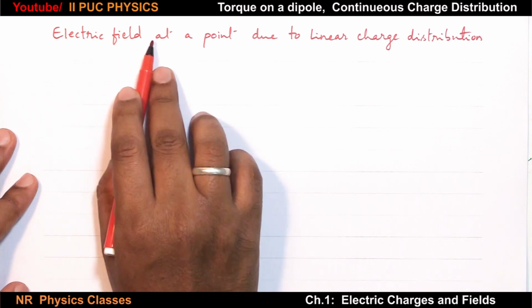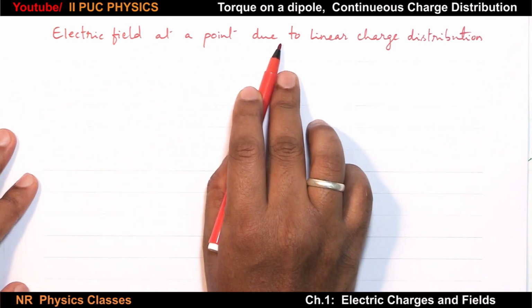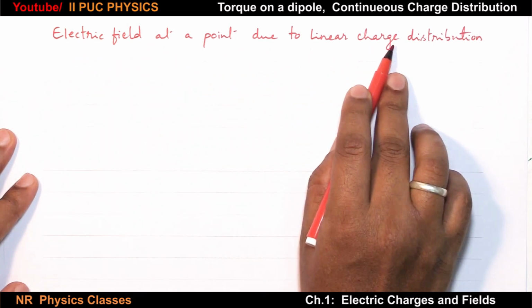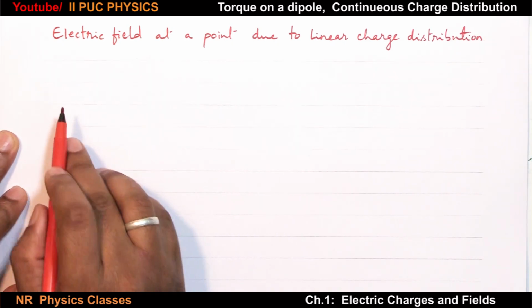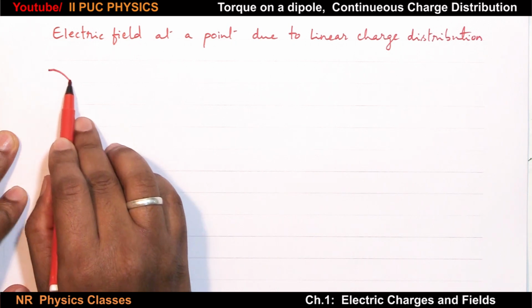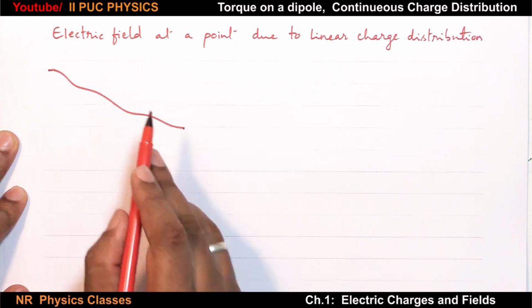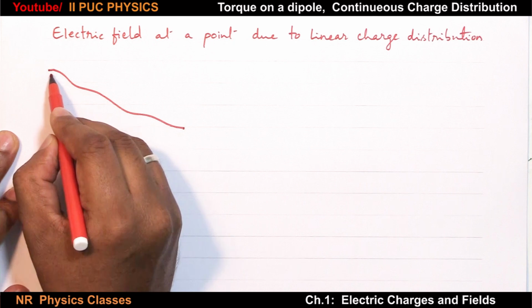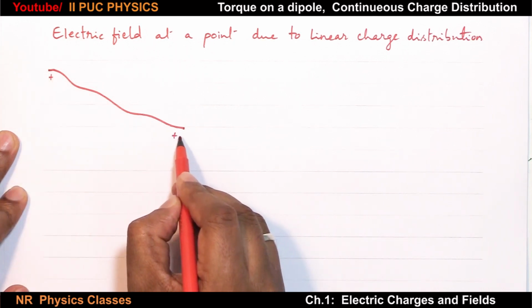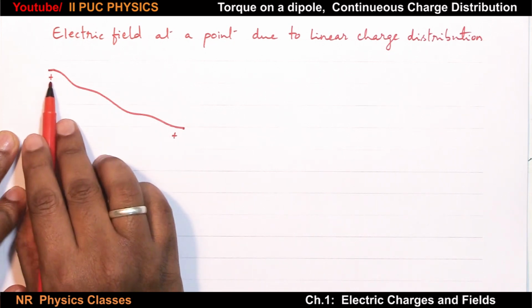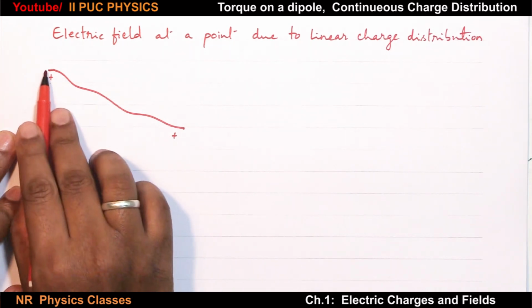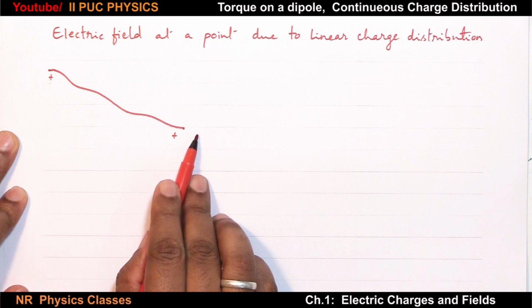Now, electric field at a point due to linear charge distribution. Understand the diagram. This is a conductor and it is charged. After completing the diagram, let me write the remaining charges. For time being, these two. This is a charged wire.